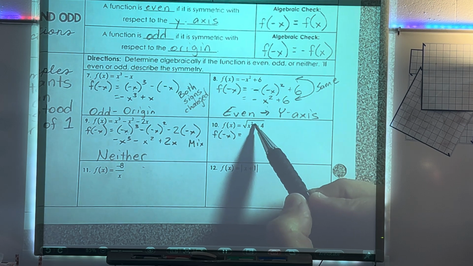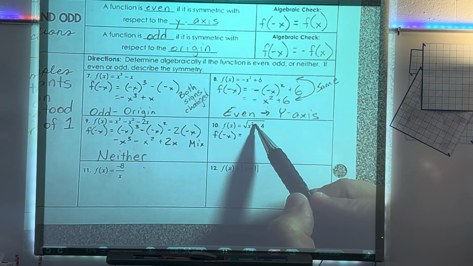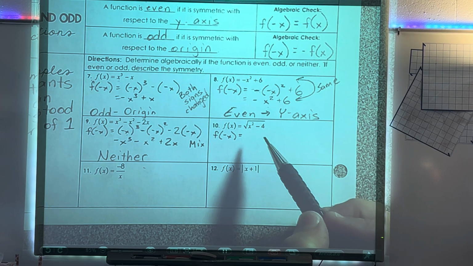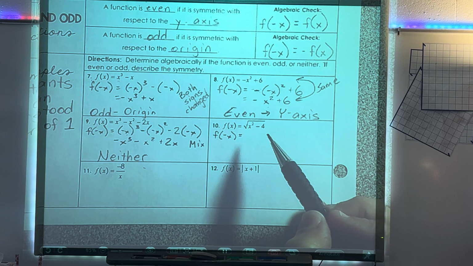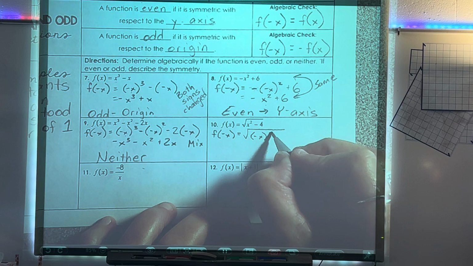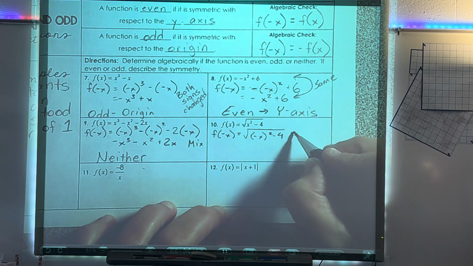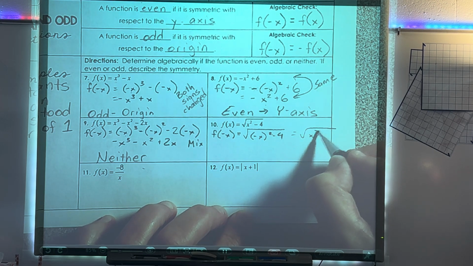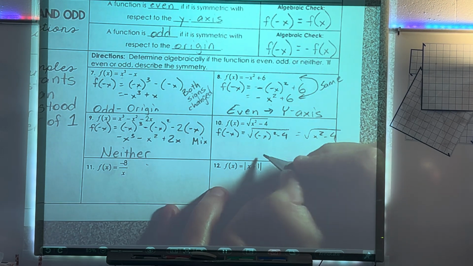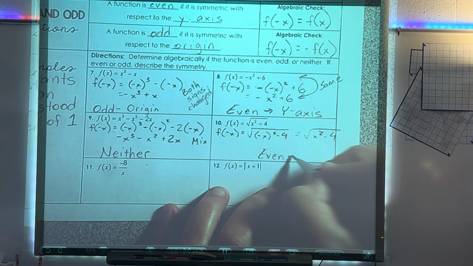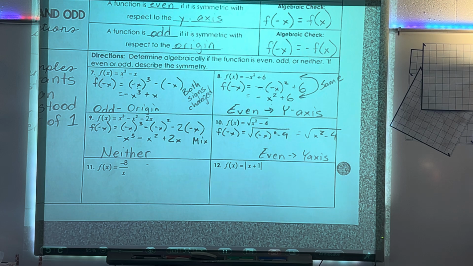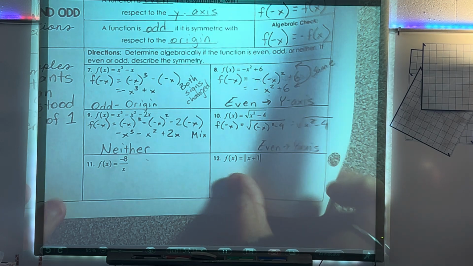It's going to go right back to being positive, right? My minus 4 isn't going to change. So we think it's going to end up being what type? An even function. And I'm going to prove it. So I've got negative x squared minus 4, which becomes square root of x squared minus 4, which is exactly what I had. So it is even, which is what we thought, at the y-axis.